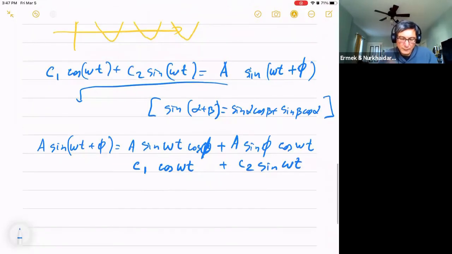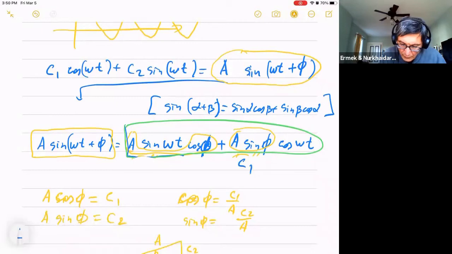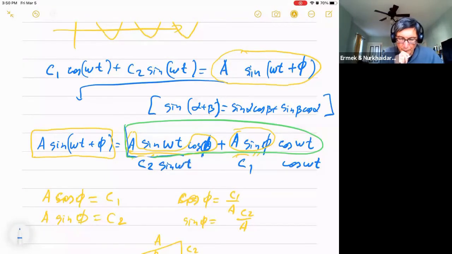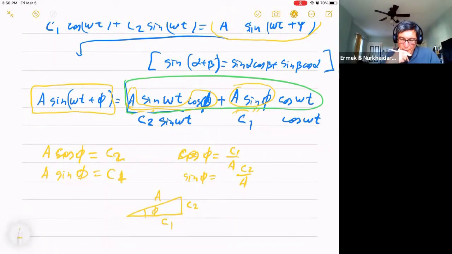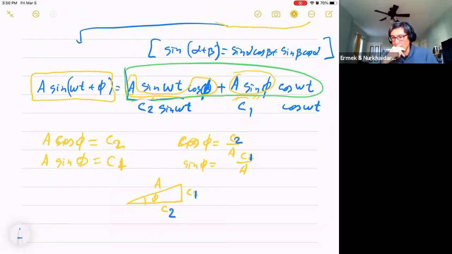Now, if we try to match them, C1 cosine of omega t here and C2 sine of omega t here. So A cosine of phi equals C2 and A sine phi equals C1.